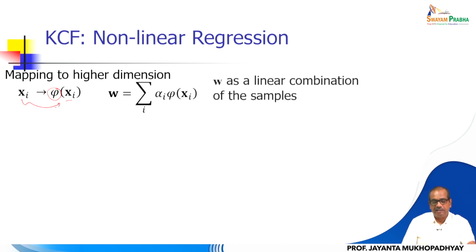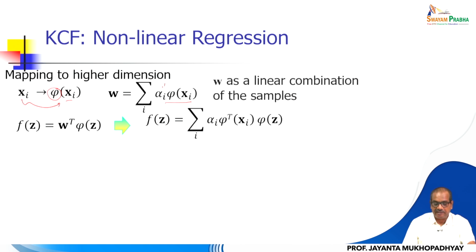Also the weights can be considered as a linear combination of these high dimensional training vectors. Now this is that dual representation. Alpha is a dual representation. So if I use this same form of correlation filter, we have W transpose phi z for any test, which means I have to compute, once again, as I mentioned, that every computation is basically a dot product of two vectors.